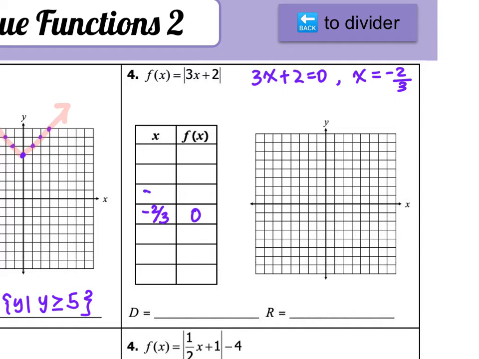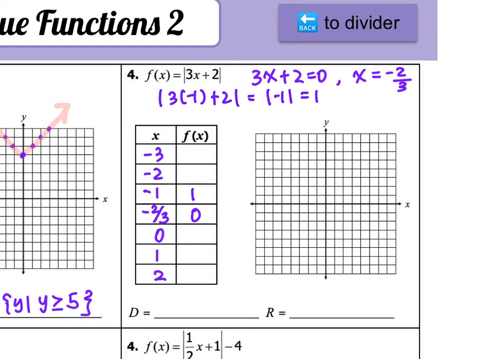So I'm going to put negative 1, negative 2, negative 3, and instead of 1 it should be 0, then 1 and 2. So you plug each x value in to find y, like 3 times negative 1 plus 2, that should equal the absolute value of negative 1, which will come out as a positive 1.